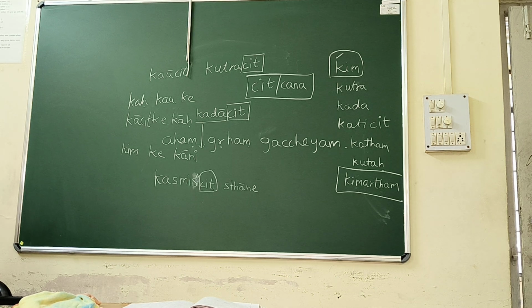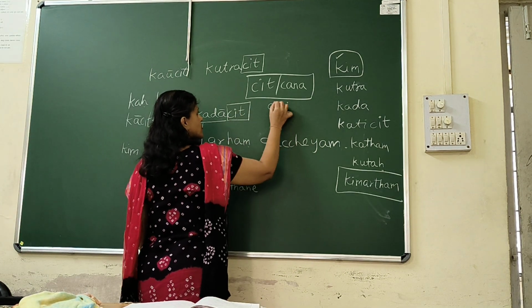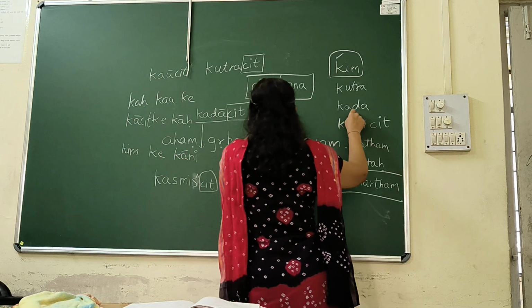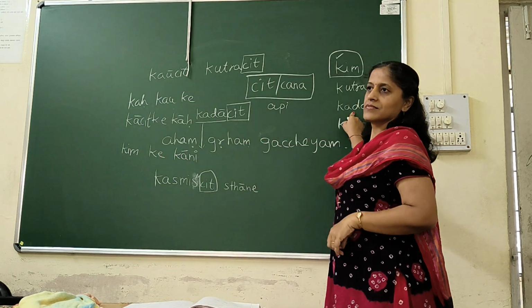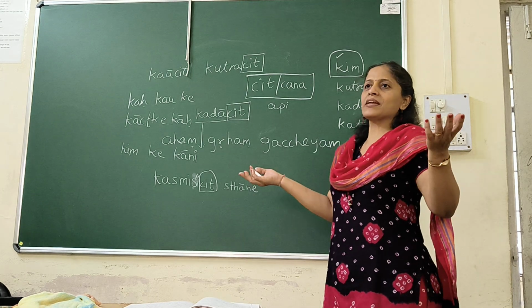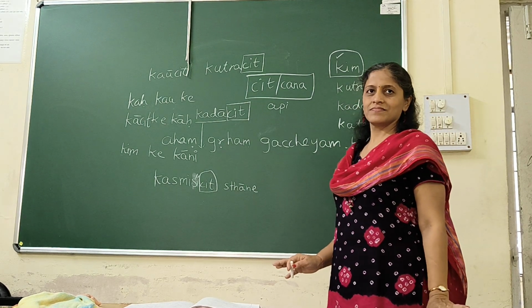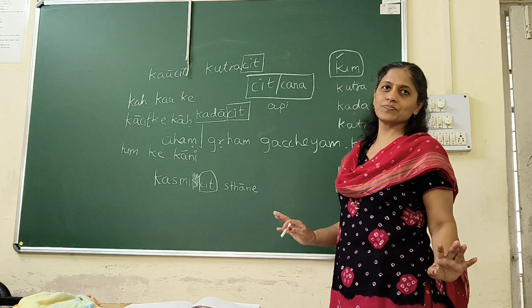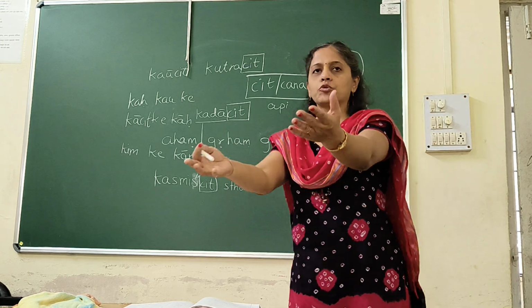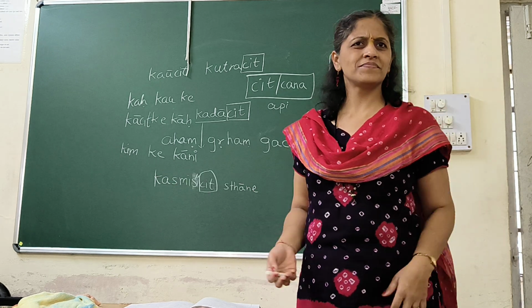There are not only chit and chana, but there is one more: api. Now suppose I say kada api agacchatu. When can I come to the class? Someone asks me, and I say, oh, you come anytime.